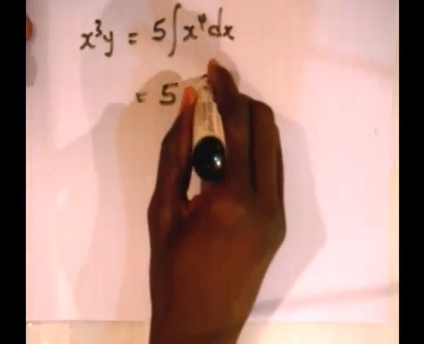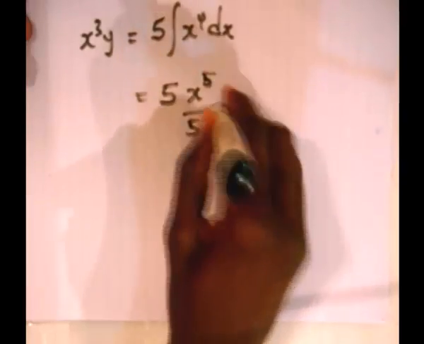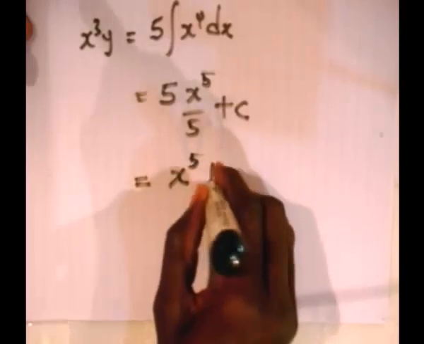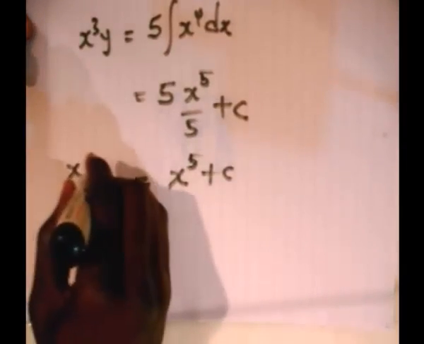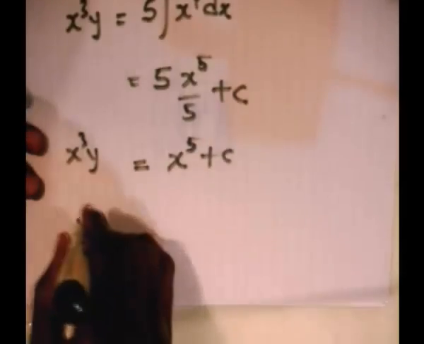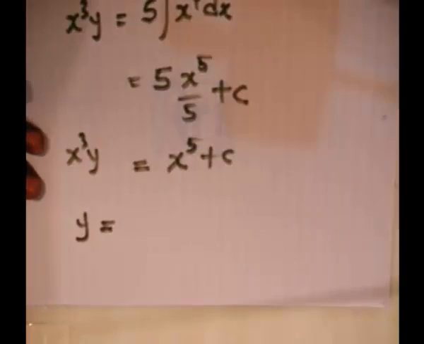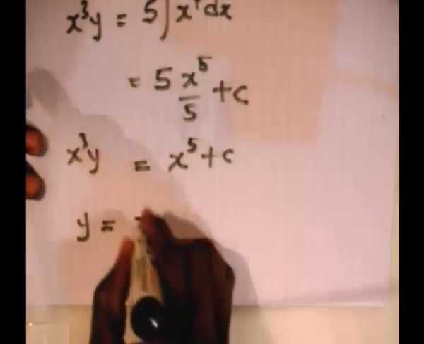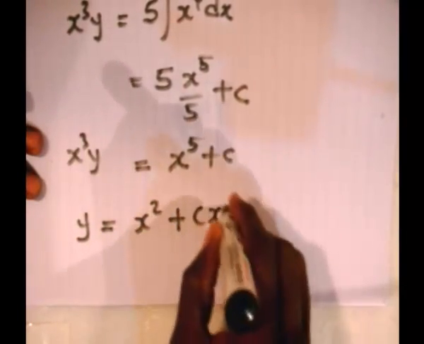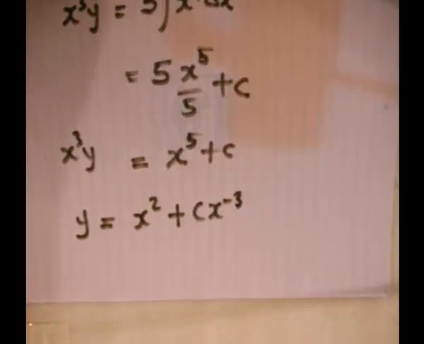That is 5 x to the 5 on 5 plus c. That is x to the power 5 plus c. x cubed y equals this. So automatically our y equals, dividing through by x cubed, x squared plus c x to the minus 3. And this is the solution.